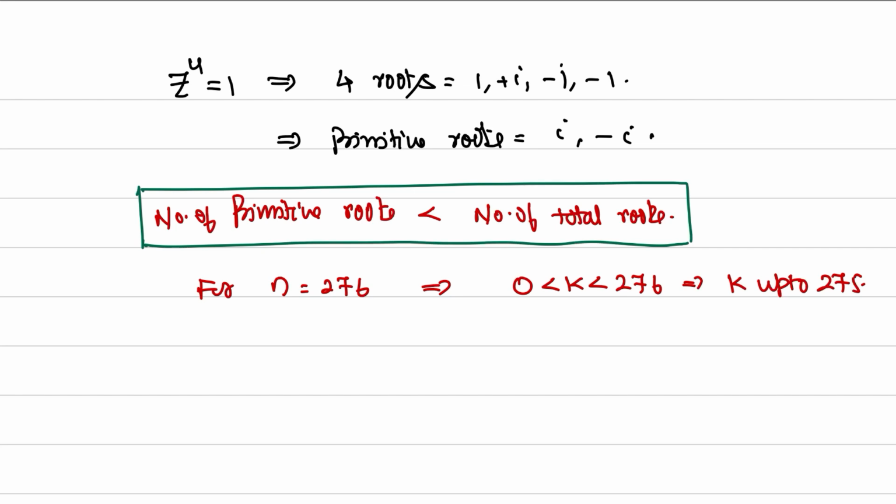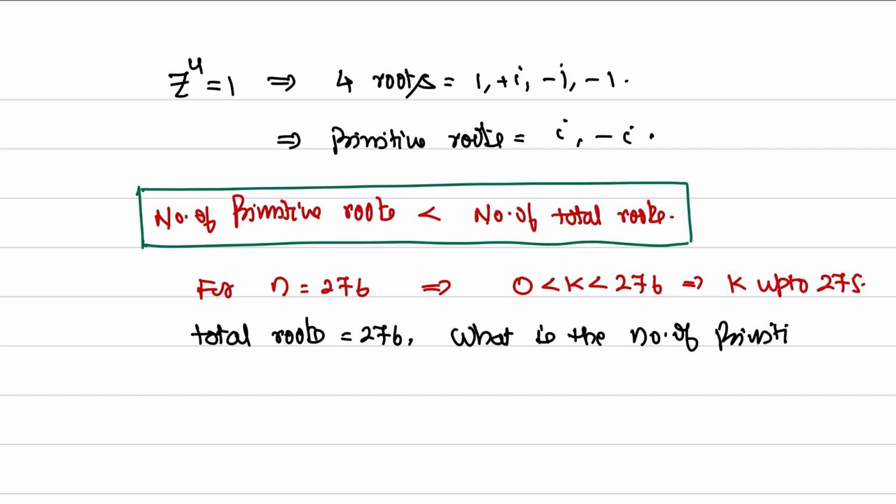For each and every root, total roots are 276. What are the primitive roots? What is the number of primitive roots? That is the question. Can we go on doing for each and every root the above exercise and find out the number of primitive roots?